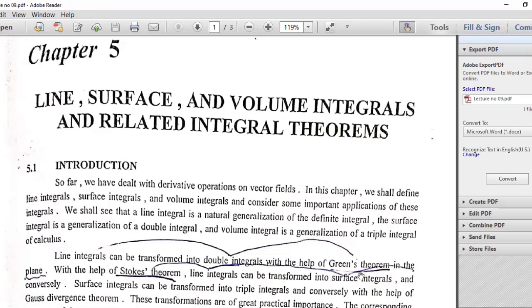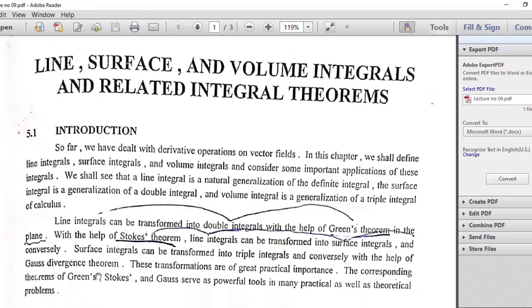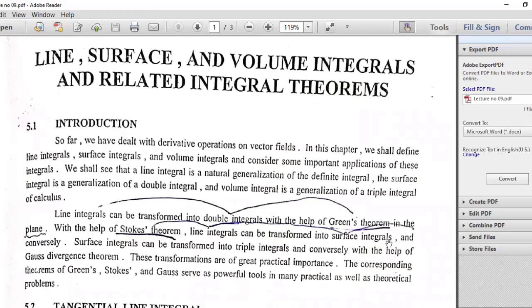What is the application of Green's theorem? Inshallah, we will study Green's theorem in the next lecture. Green's theorem plays a very important role and converts the first integral, meaning the line integral, into a double integral in the plane. But with Stokes' theorem, the line integral can be transformed into a surface integral, and conversely.